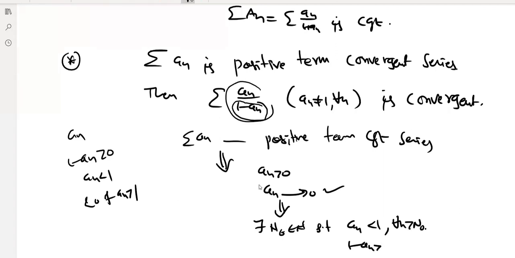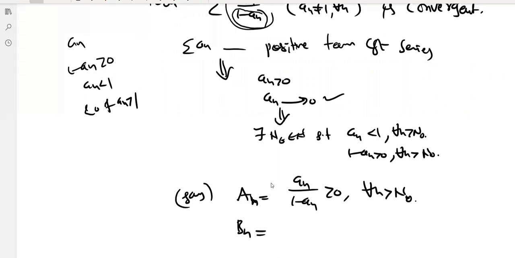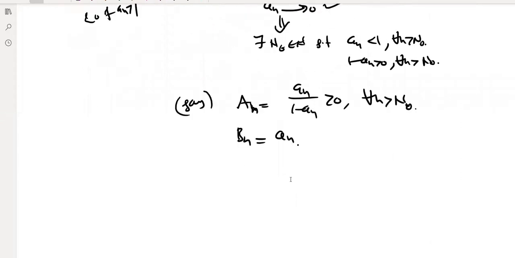Therefore, 1 minus An is positive after this stage. Therefore, your given series is a positive term series after the N naught stage. Now you can apply your limit comparison test. This is my An. I can define my Bn as An. This is also a positive term series. Now look at the quotient. What is the quotient? An by 1 minus An by An.